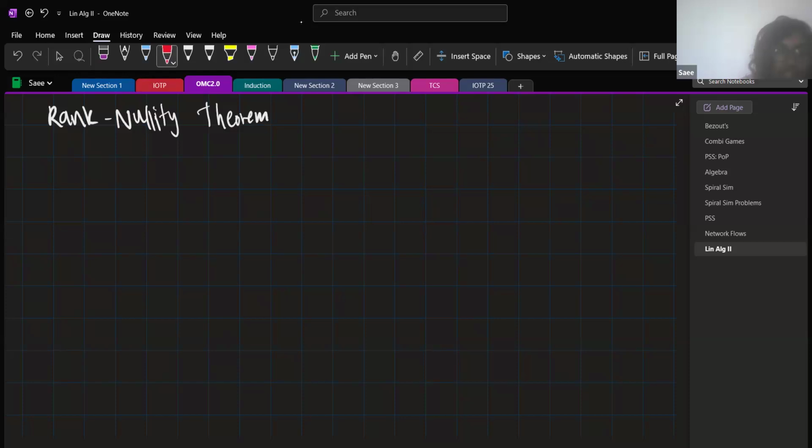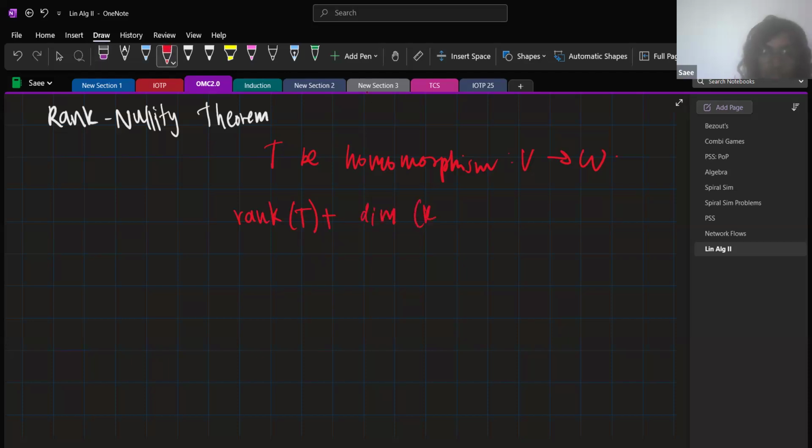The rank-nullity theorem states that, let T be a linear map or a homomorphism from vector space V to W. Then the rank of T plus the size of the kernel, so the dimension of the kernel of T, is the same as the dimension of V.